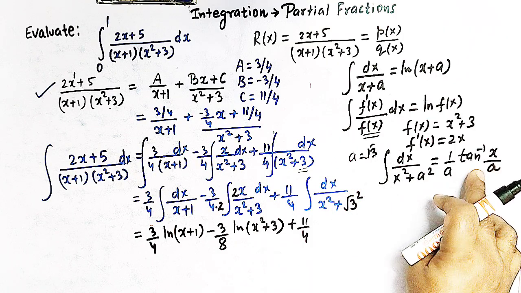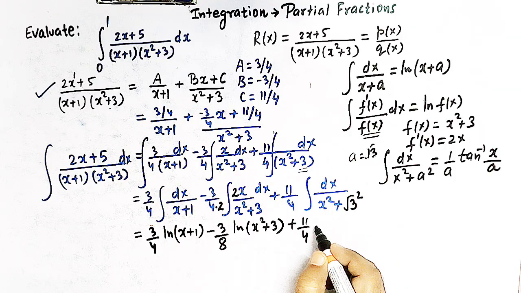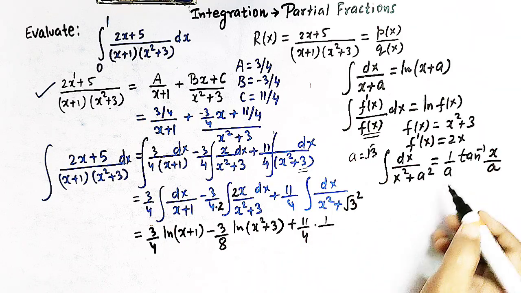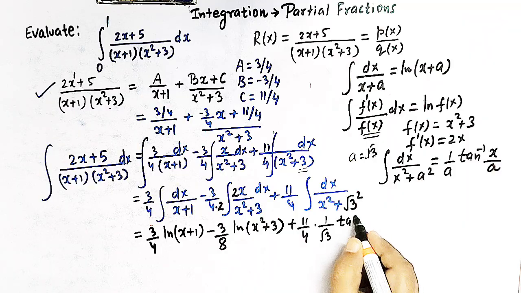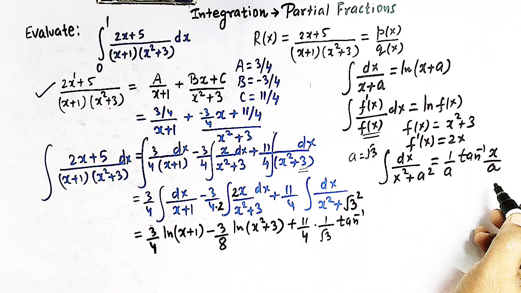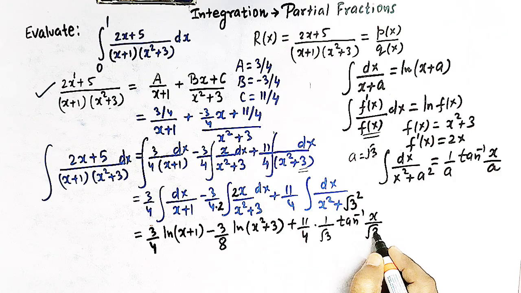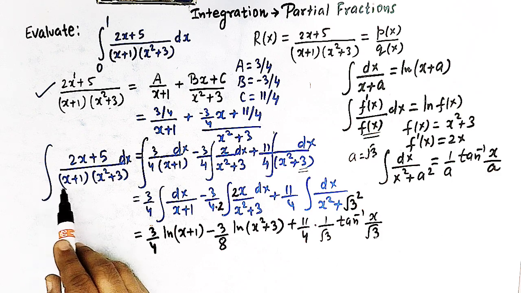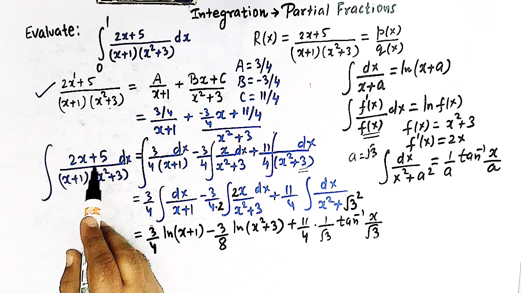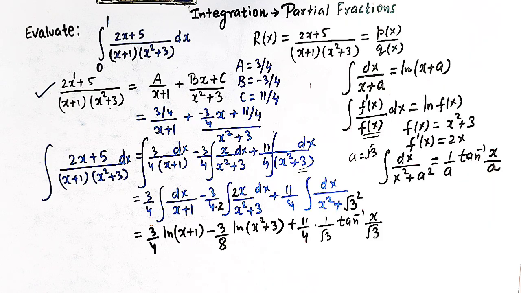So applying this result to this integral, we have 1 over a, that is root 3, and then we have tan inverse x over a, that is x over root 3, right? So this is the required indefinite integral of 2x plus 5 over x plus 1 times x square plus 3.